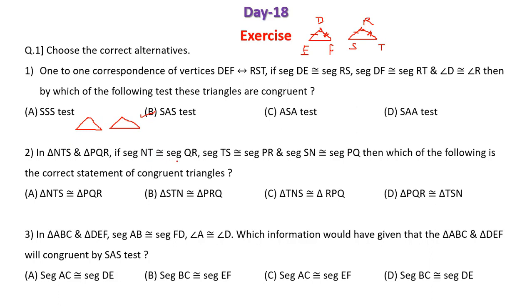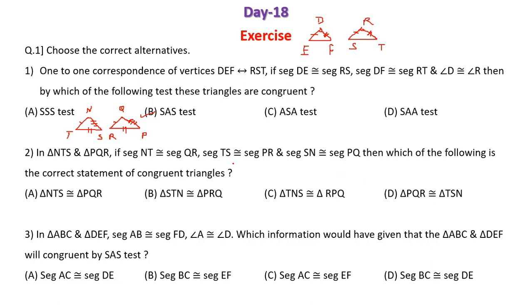So NT, QR, I draw here NT, QR, this side. Next TS, PR, and SN, PQ.